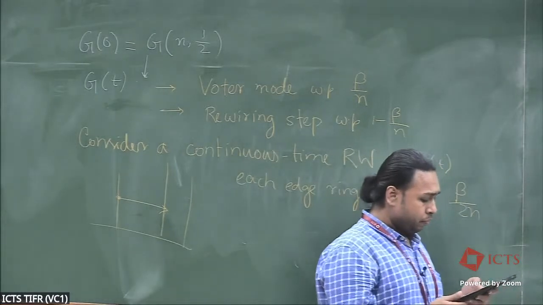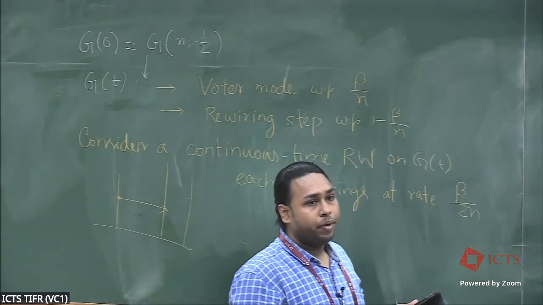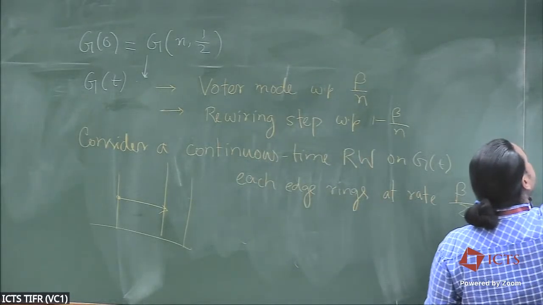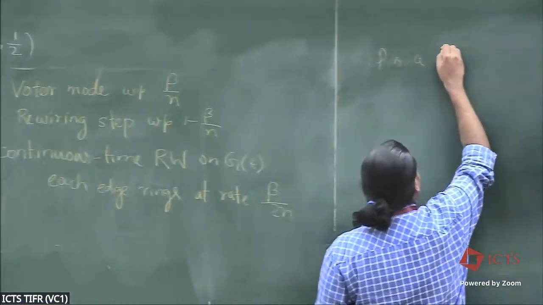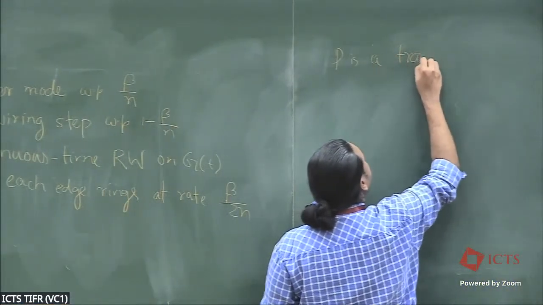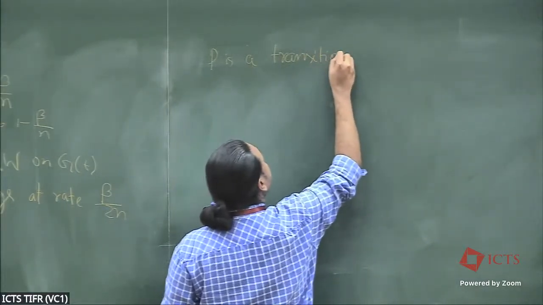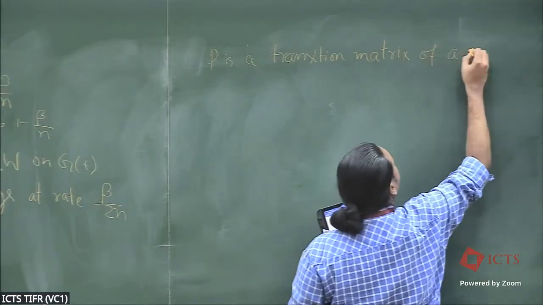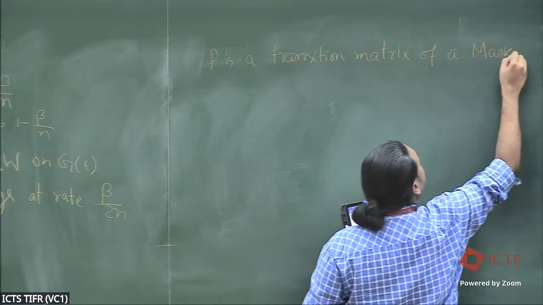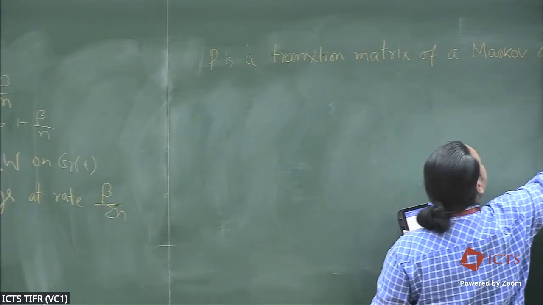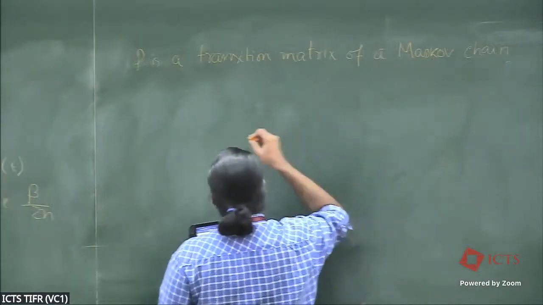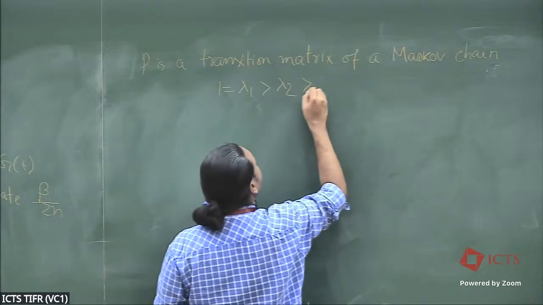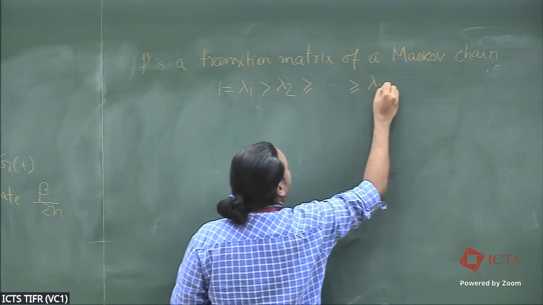The mixing time is generally obtained by the spectral gap. Suppose P is a transition matrix of a Markov chain, with eigenvalues, let's say 1 equal to lambda 1 bigger than lambda 2, etc., down to lambda n.